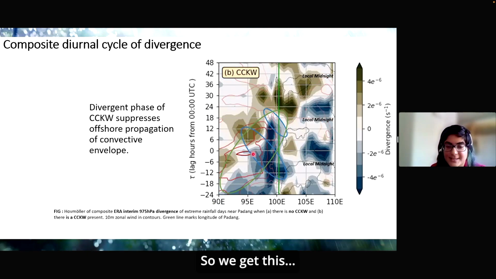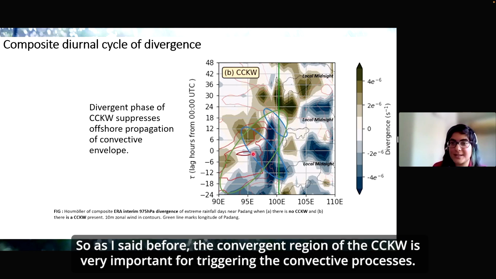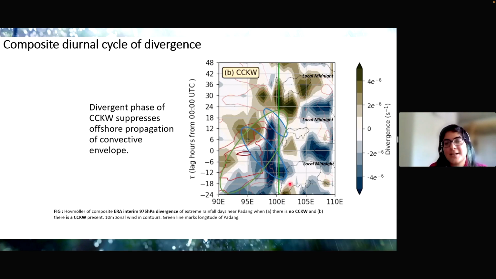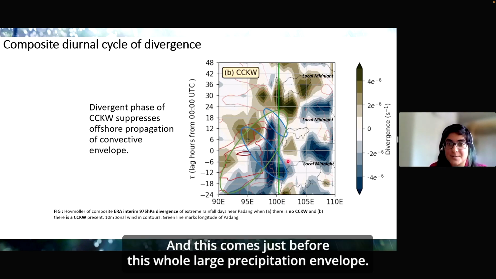As I've said before, the convergent region of the CCKW is very important for triggering the convective processes. So this blue shading over here is the convergence, the negative divergence. And this comes just before this whole large precipitation envelope.